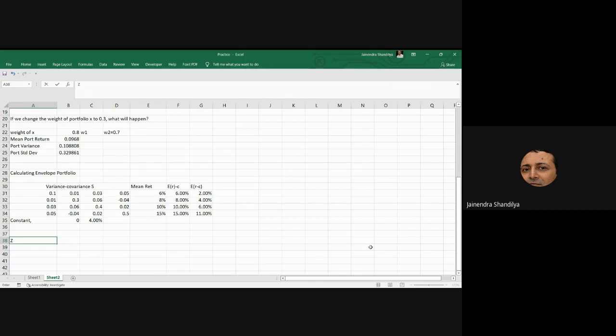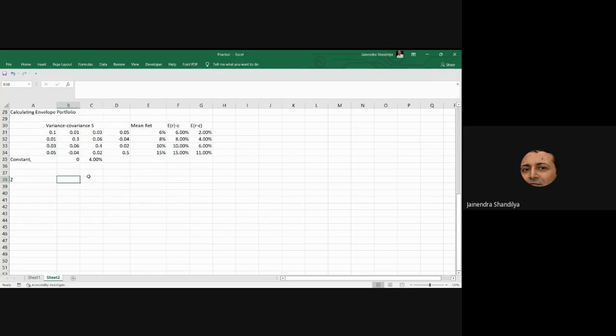So what happens is we will get 4 Z's. Why? Because there are 4 portfolios, so Z will have different proportions. I will select an array of 4 here.